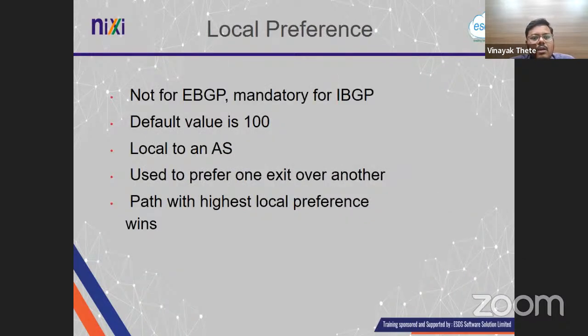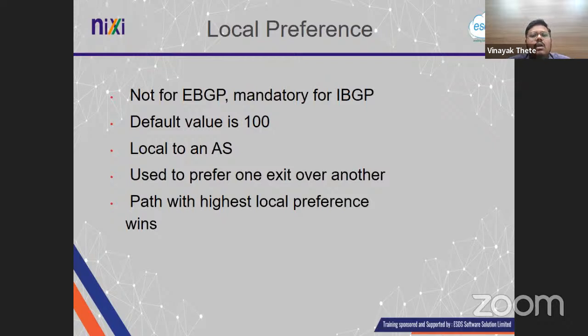Third is local preference. Local preference is the BGP attribute which is used to choose the exit path for an autonomous system. It is used within the autonomous system for the exit path.